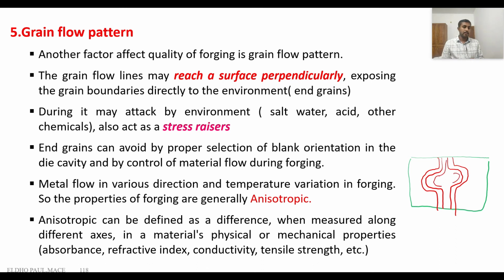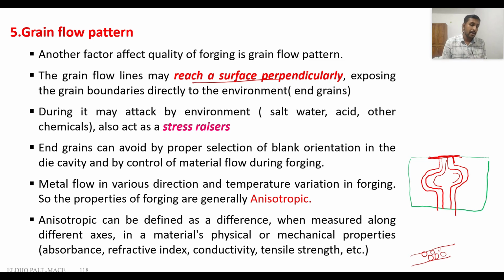With this type of grain flow pattern, we can see some grains are actually perpendicular to the surface. So the grain flow lines may reach the surface in a perpendicular direction, and this grain boundary is exposed to the environment. Actually, we know in the grain boundary regions, the atoms are not perfectly bonded. Some atoms may be in the free state with a higher energy level.